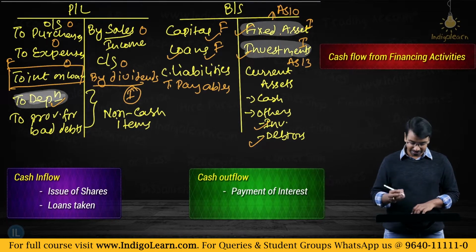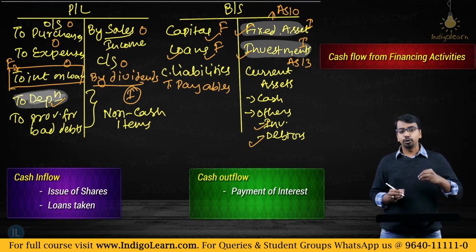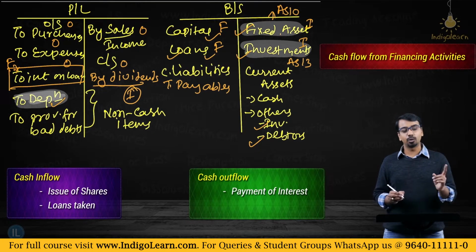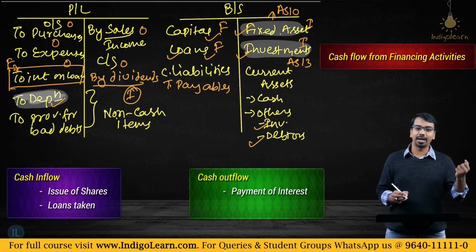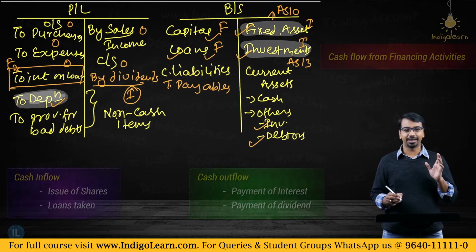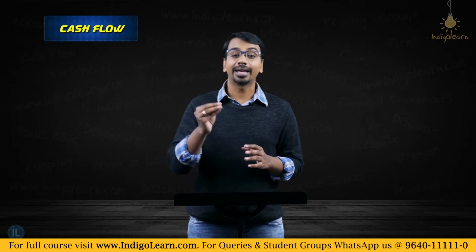Loans is a financing activity. So interest on loans will also be part of a financing activity. Now, when you issue shares, at some point of time you may have paid dividends. Please note, when shares are classified under financing activity, cash outflow out of dividends should also be shown under financing activity. So you have understood broadly the three categories from where we will get cash flow.